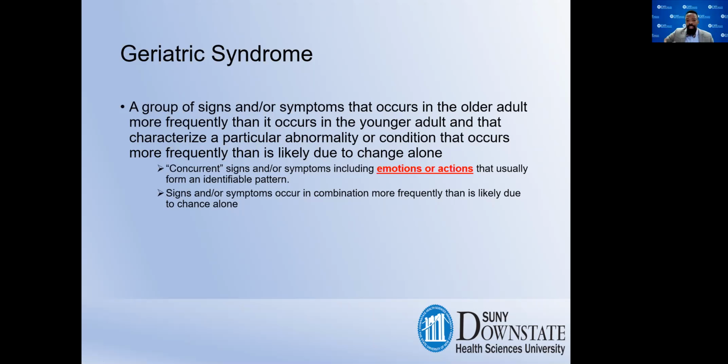They tend to occur simultaneously. And it's important to remember, especially when we're dealing with older adults, signs and symptoms includes emotions. It includes actions, okay? And these emotions and actions, in terms of being syndromic, formulate a pattern that's identifiable, okay?